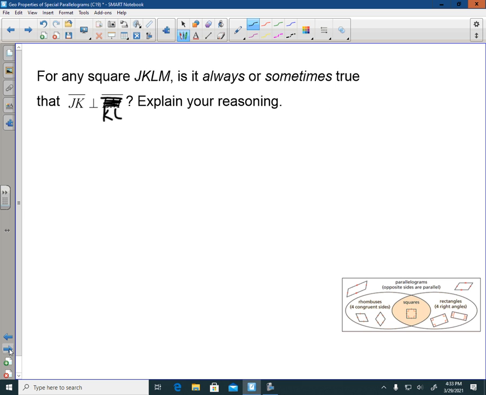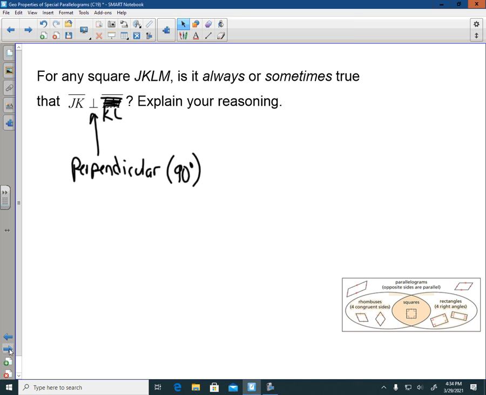There was a typo in this question, so I changed it, but it says, for any square JKLM, is it always or sometimes true that JK is perpendicular to KL? Perpendicular, that's what this means, in other words, 90 degrees. Explain your reasoning.